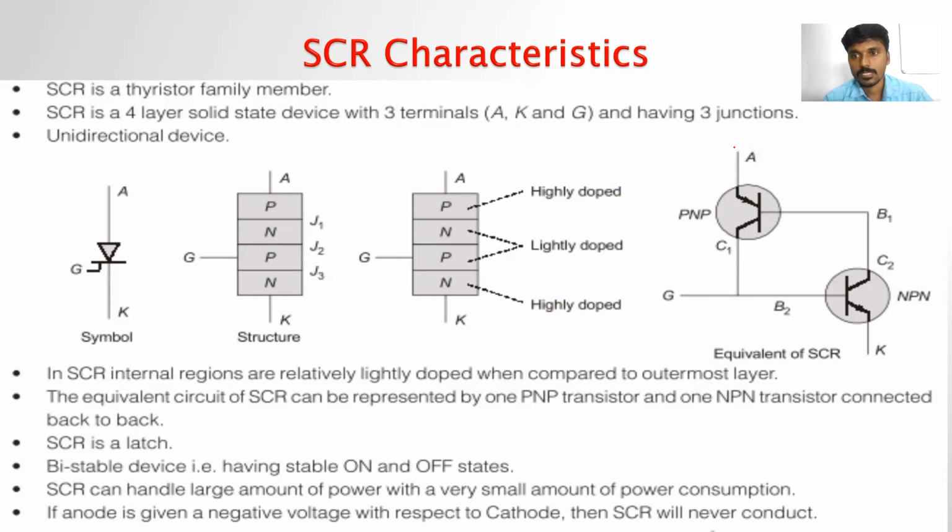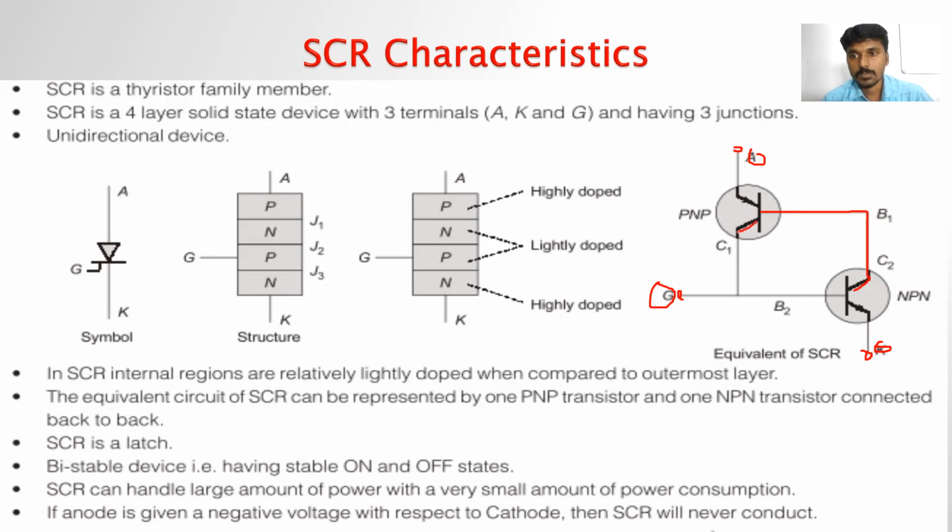This is one output terminal, the anode. This is another output terminal, the cathode. This is one more terminal, the gate. So there are 3 terminals: anode, cathode, and gate. The base of this transistor and the collector of the other NPN transistor are connected commonly.